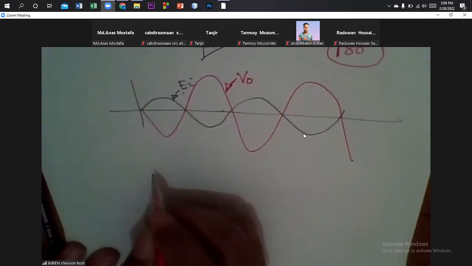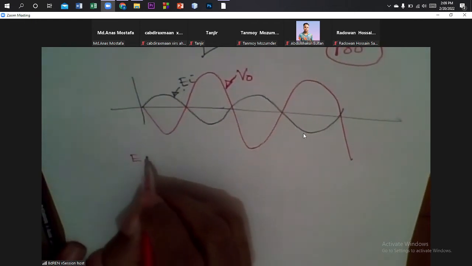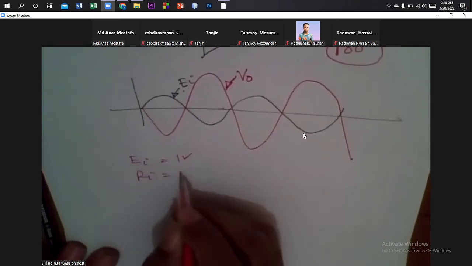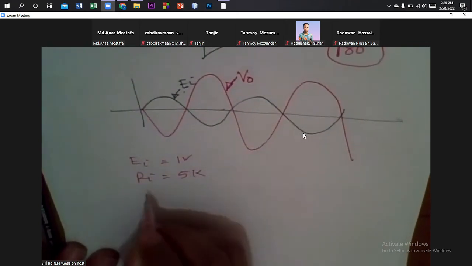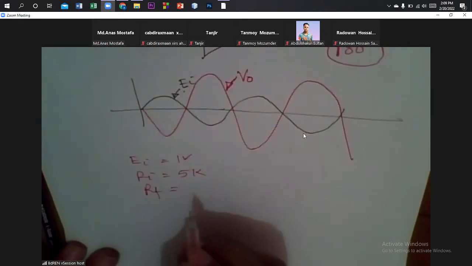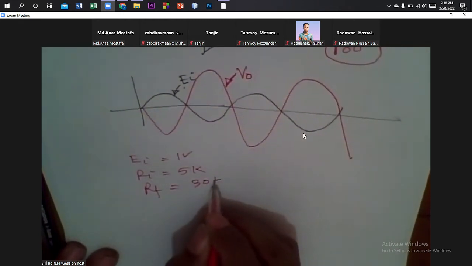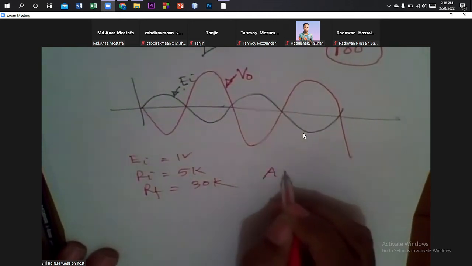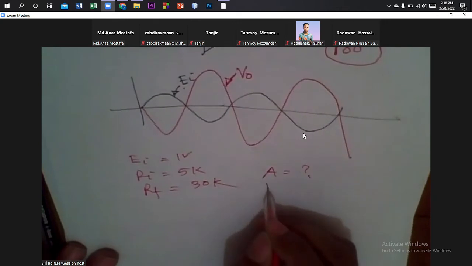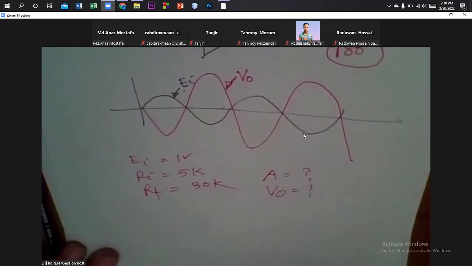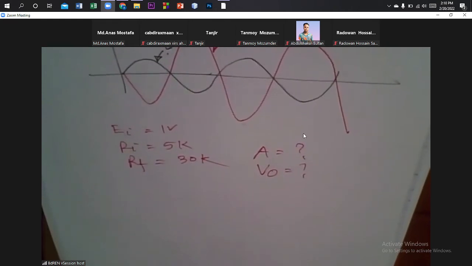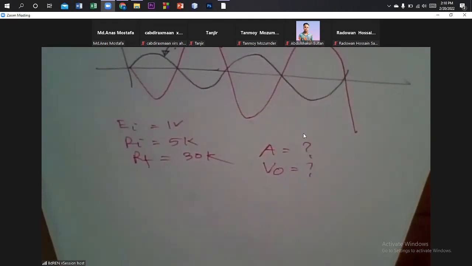Say EI is equal to 1 volt, RI is equal to 5K and RF is equal to 30K. Then what will be the gain, and what will be the output? Can you find out?